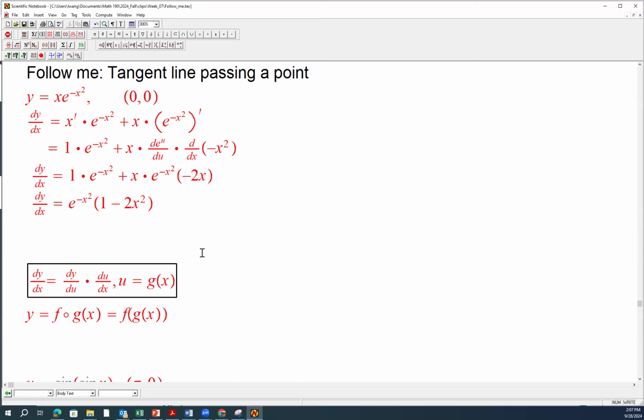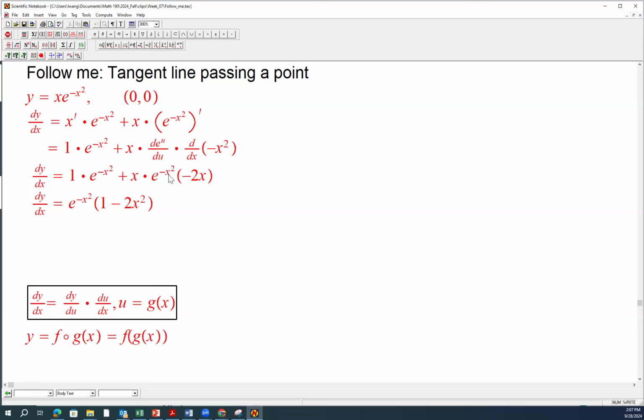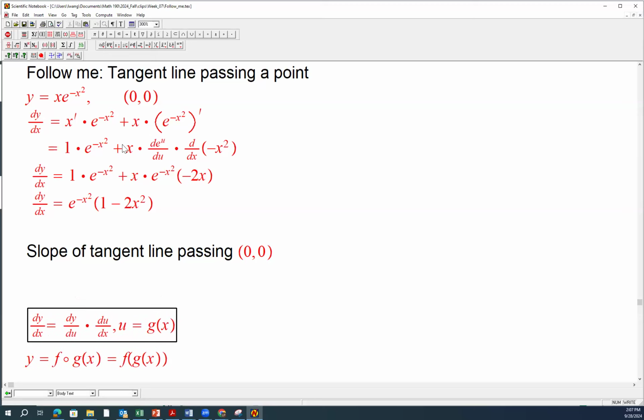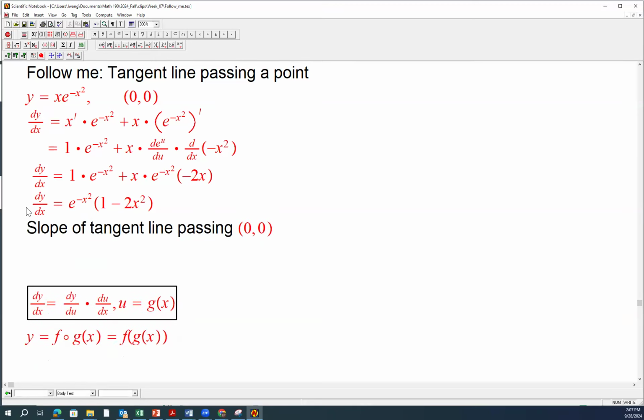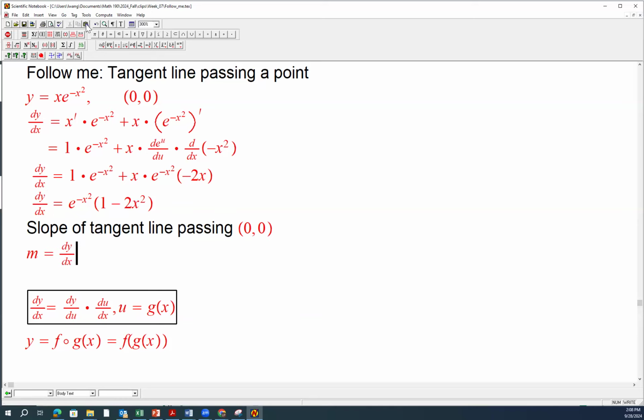So now we are ready to find the slope. Slope of tangent line passing the point 0, 0. And we're going to, once again, assume the slope is m equals the derivative evaluated at x equals 0, okay?